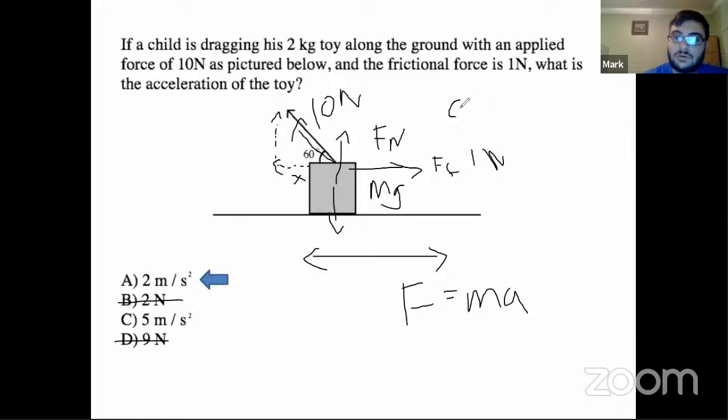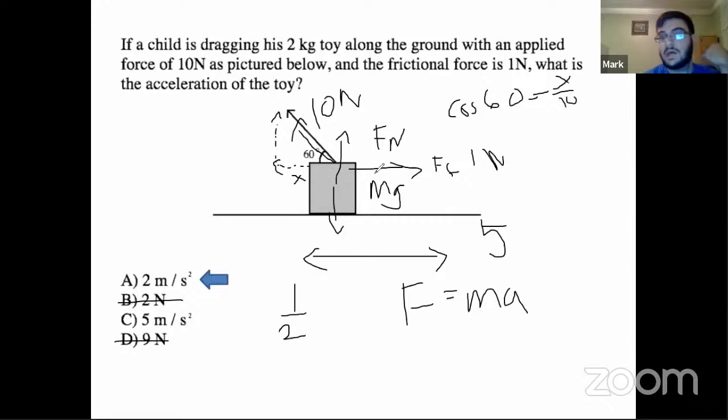So we know that cosine 60 is equal to x over the hypotenuse, which we know is 10. And you do have to memorize that cosine of 60 is 1/2, and that sine of 30 is 1/2. So 1/2 equals x over 10, and you know that x equals 5. So it's a force of 5 newtons to the left.